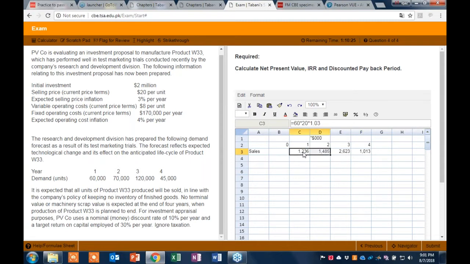So these are the inflated cash flows for every year, and we can call these our nominal cash flows. Nominal cash flows, remember, are those cash flows which are inflated.